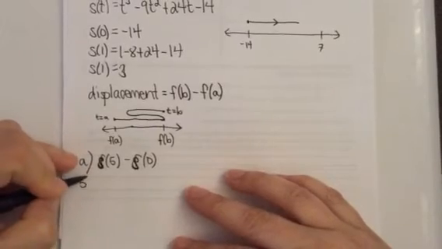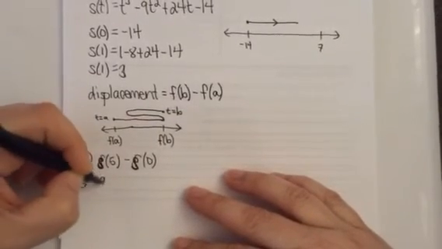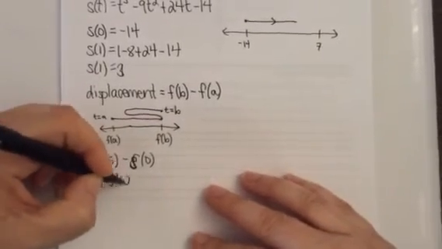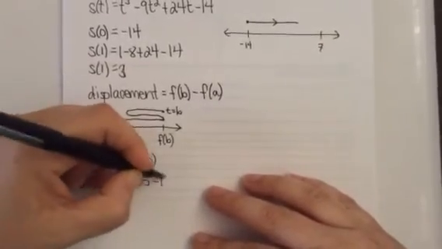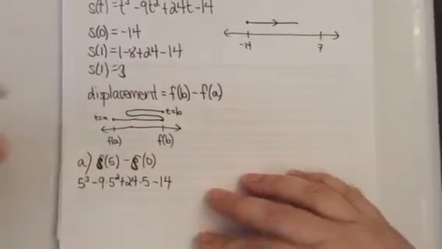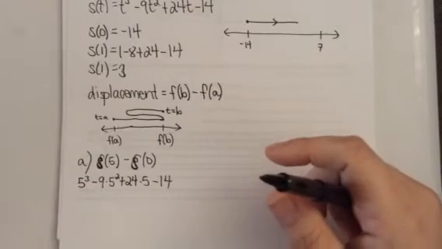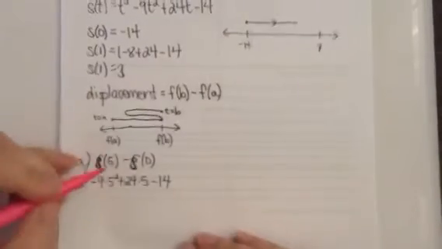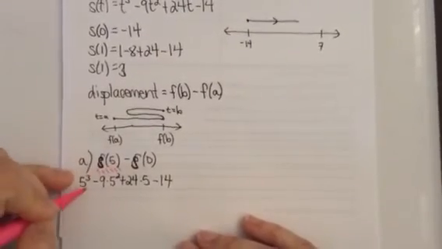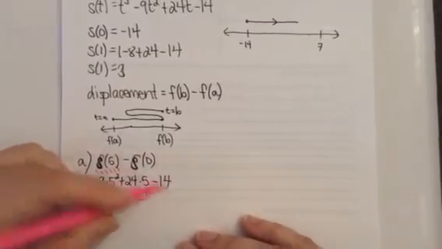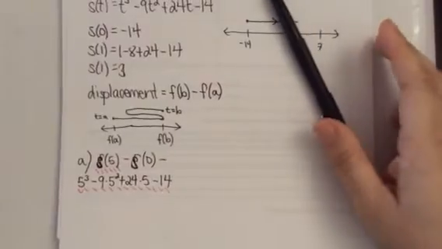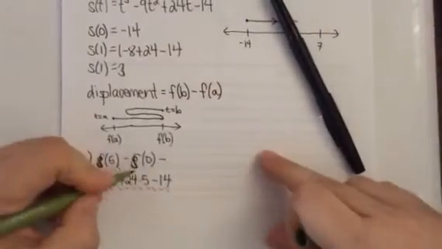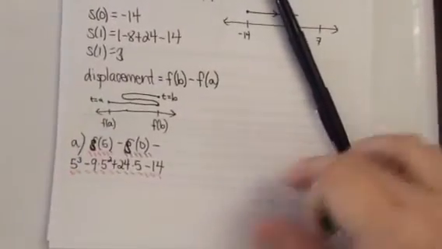I'll write it out, but you guys are going to need to do this on a calculator. So that would be s of 5. Let me grab a different color. That would be s of 5, and then I would do minus s of 0, which we already figured out, but I want to write this out so you have it.